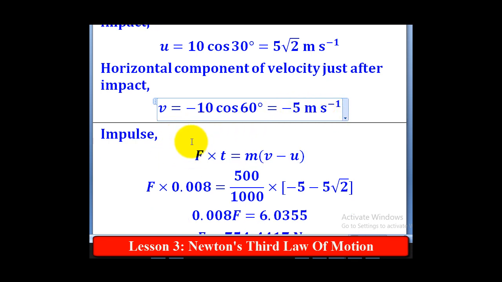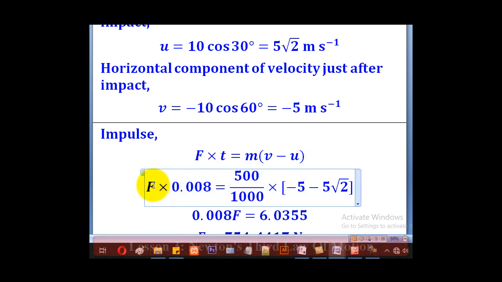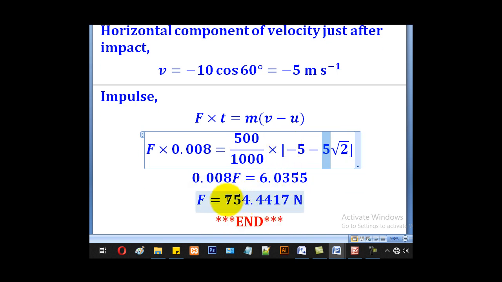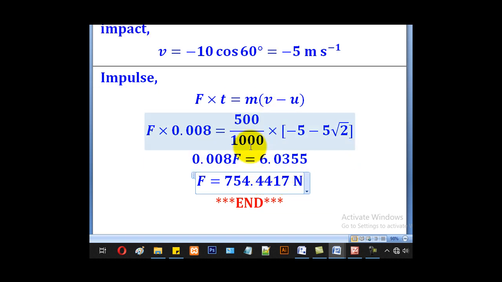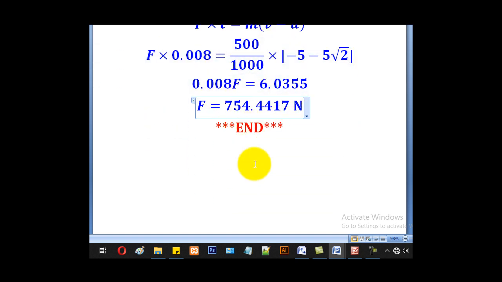So applying the formula for impulse, F times t is equal to change in momentum. With this, the F which they want, time was given as 0.008. Mass has to be converted to kilograms, from 500 grams, so divide by 1000 to get kilograms. Final velocity is negative 5 and initial velocity is positive 5√3. When you use a calculator, we shall come up with 754.4417 newtons. And that's the average force which they wanted.